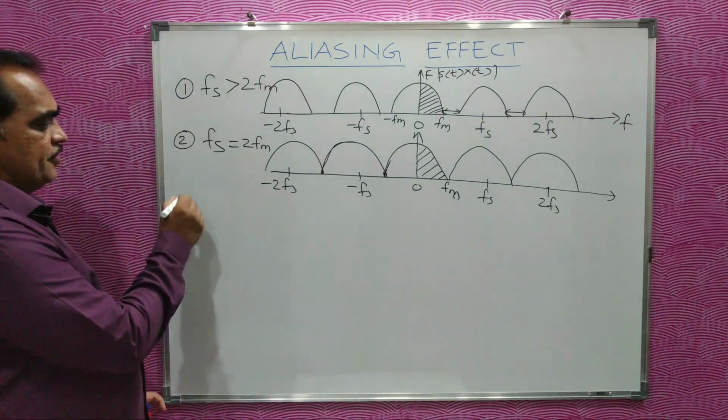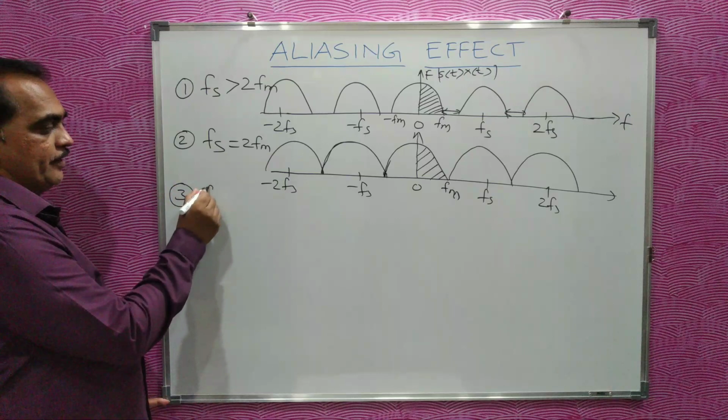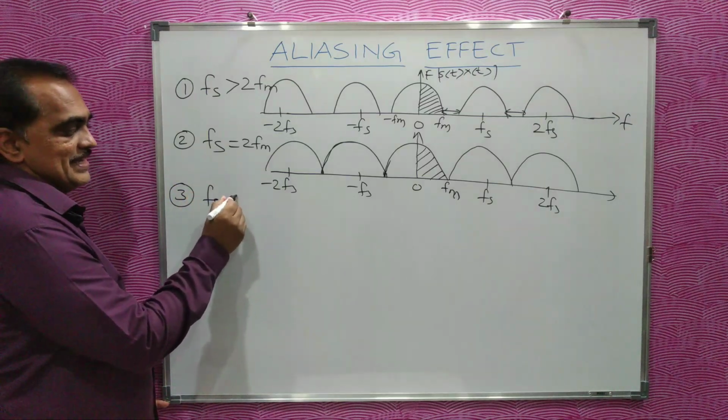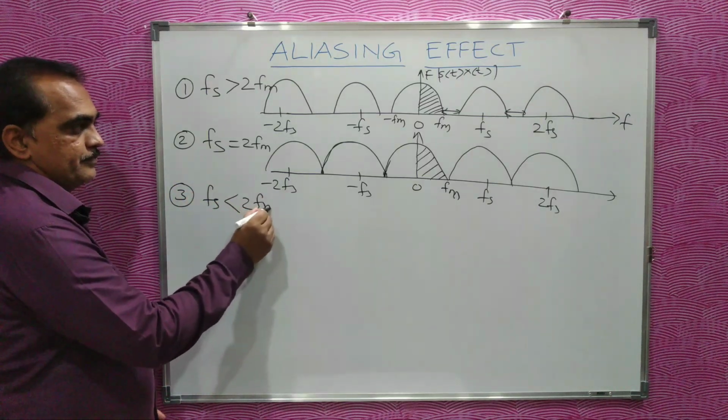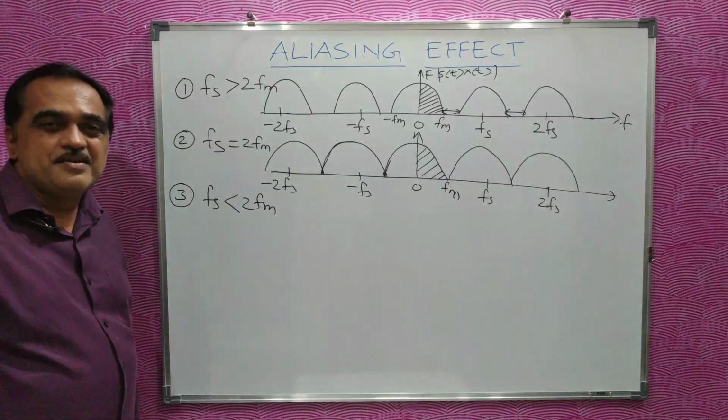Now the third case, where the sampling frequency is less than 2Fm, that is, the signal is undersampled.